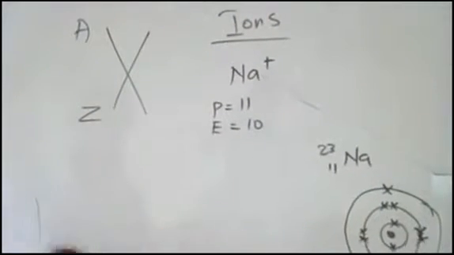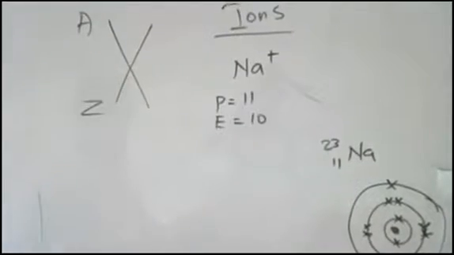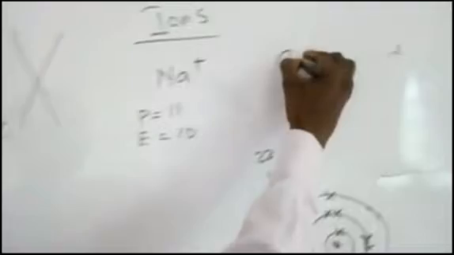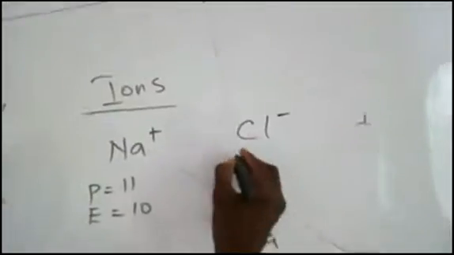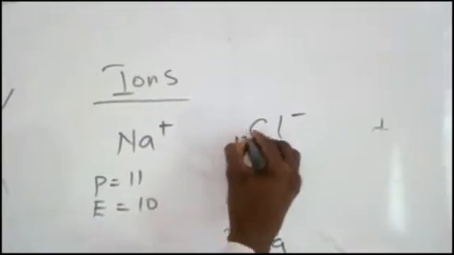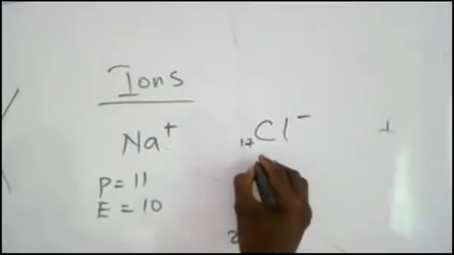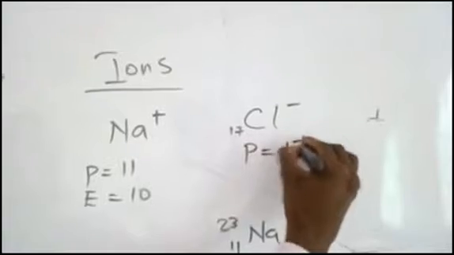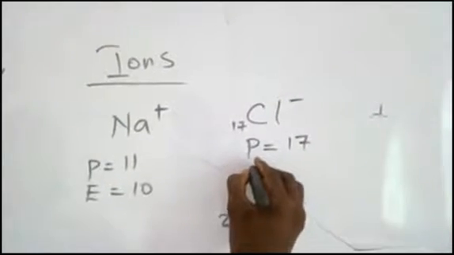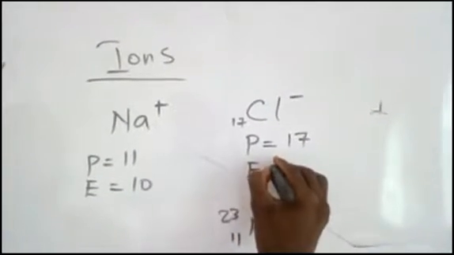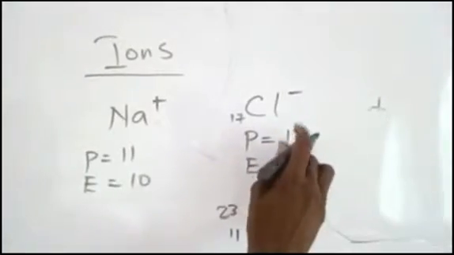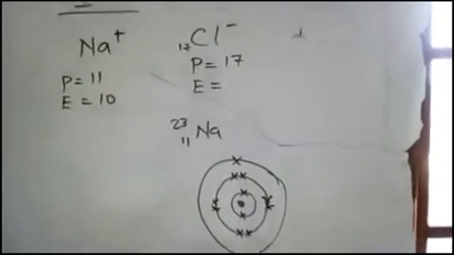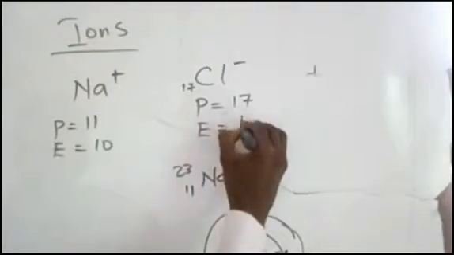So we have two types of ion. How does this come about? If it's something like chlorine, the atomic number is 17, so the number of protons is 17, while the number of electrons is 18.